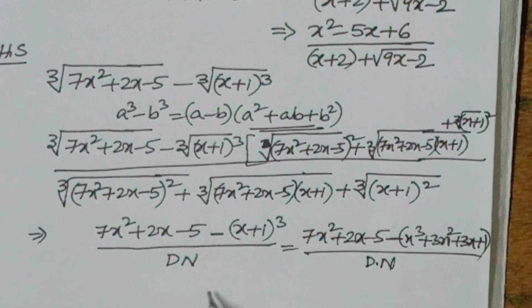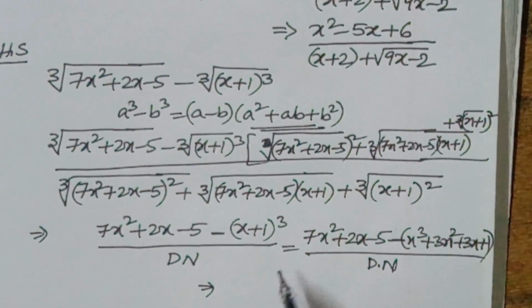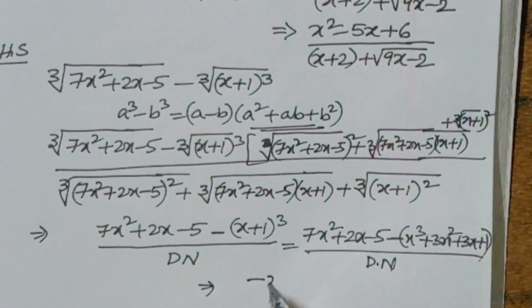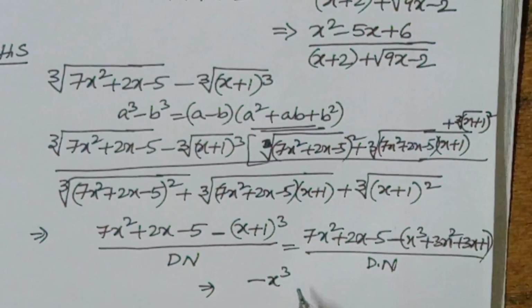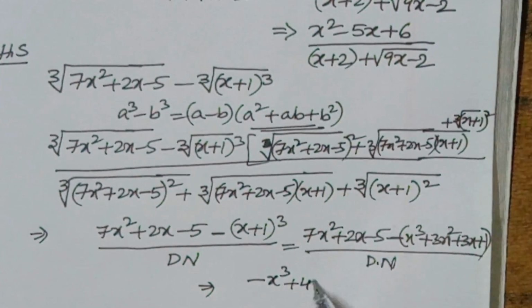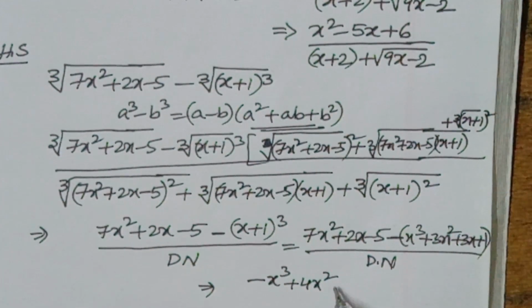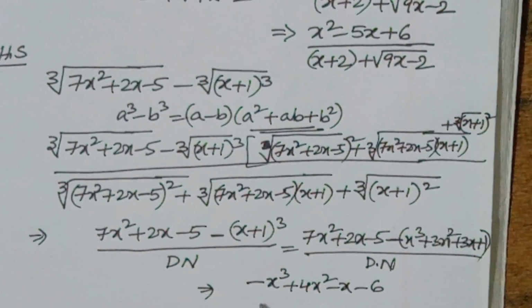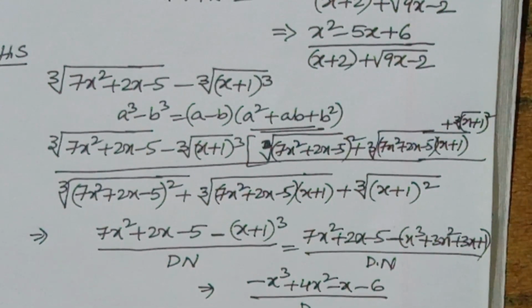So here you will get in the numerator minus x cube plus 4x square minus x minus 6 by denominator.